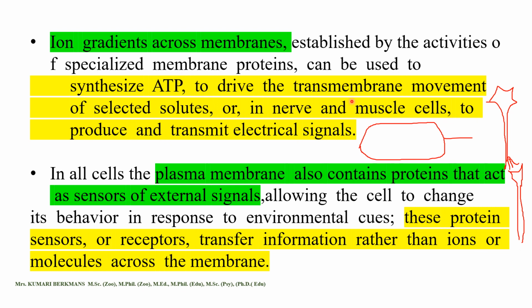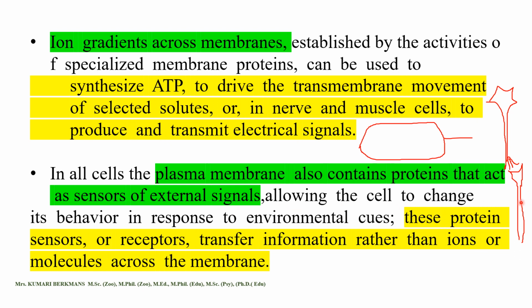Through the transmembrane, the electrical signals are transmitted from one cell to another cell. For that the cell membrane is very important. Across the cell membrane, these signals move from one cell to another.